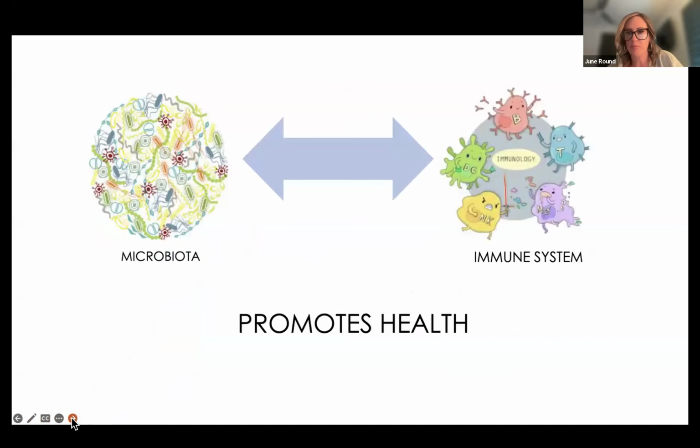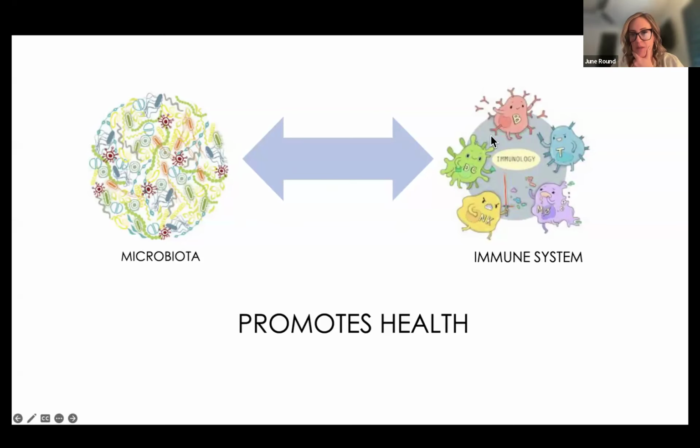So just a little bit of background about my laboratory. We're interested in the interaction between the commensal microbiota and the immune system. So I'm a trained immunologist who kind of fell in love with microbes during my postdoc. And we're interested in how this relationship influences or promotes health. So we view relationships with microbes a little differently than most, in that we believe that there are many, many microbes that are really instrumental in many processes that are important for development and prevention of disease.